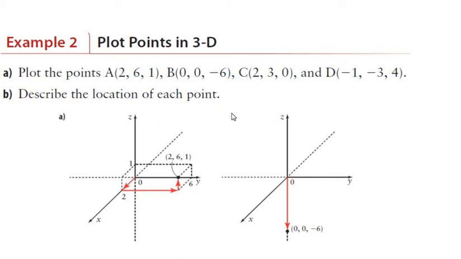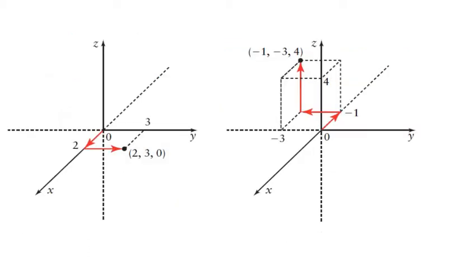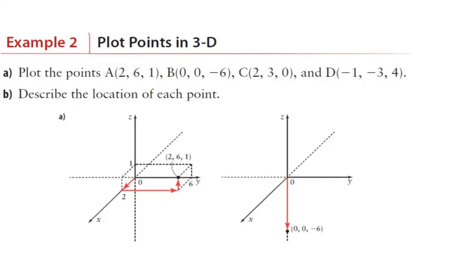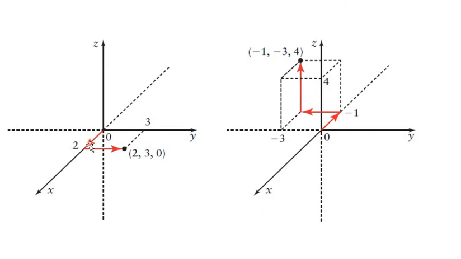Now for the second one, we have (0, 0, -6). We just go 6 units down on the z-axis. Then you have point C, (2, 3, 0). We go 2 units toward x, 3 units toward y, and since z is 0, we don't go up or down.